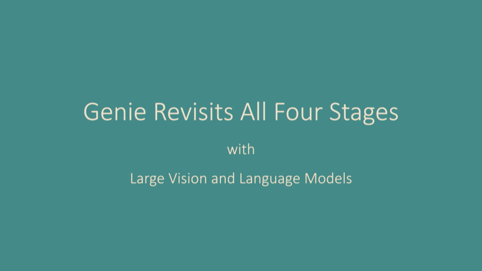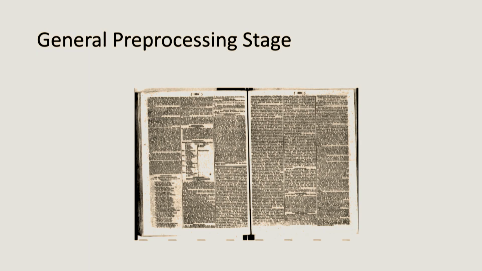So we went back and revisited all these 4 stages and tried to see if large vision and language models can help. So first of all, the pre-processing stage. We've worked to make this a bit more general.